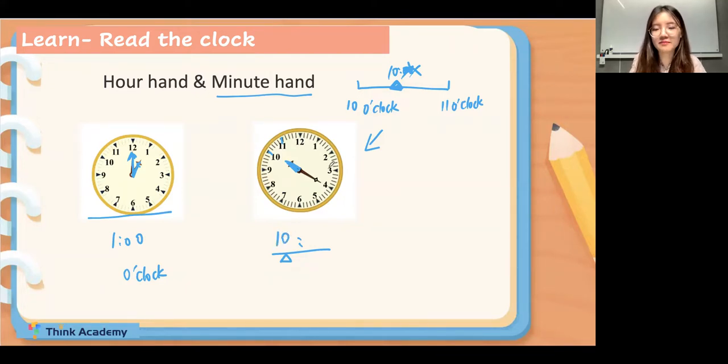And for the minute hand, now we will go to the minute hand. The minute hand now points to 4. Okay, we have known that if the minute hand traveled from 12 to 1, then 5 minutes have passed.